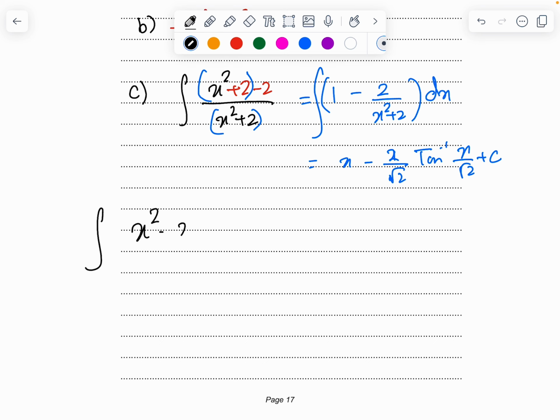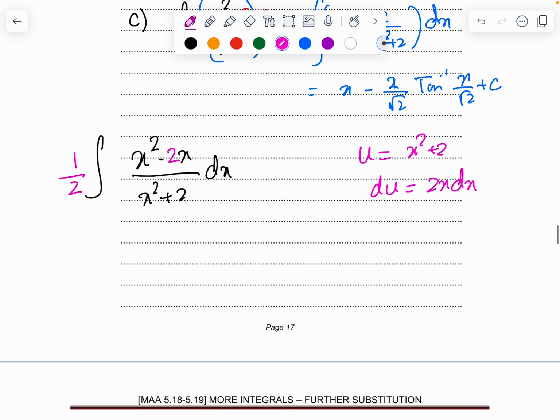x cube can be written as x square times x divided by x square plus 2 dx. So substitution, u equals x square plus 2. So du equals 2x dx. So 2x dx, multiply and divide by 2. So what does that become? 1 upon 2, x square is u minus 2, 2x dx is du divided by u.